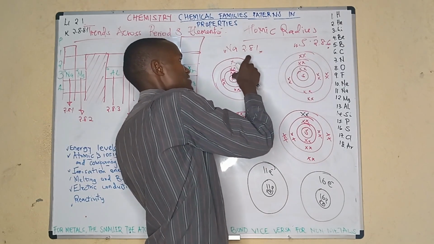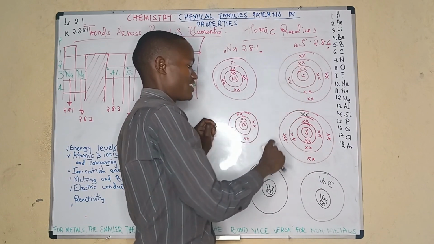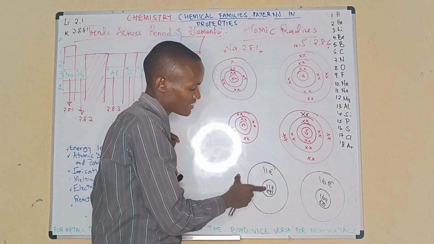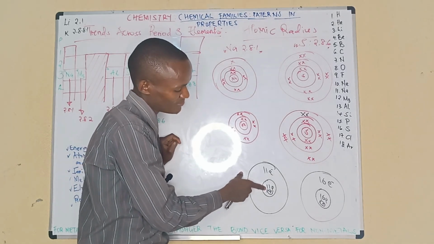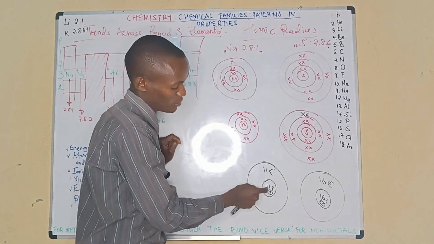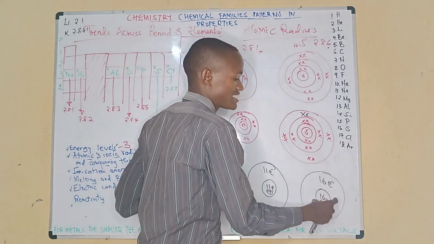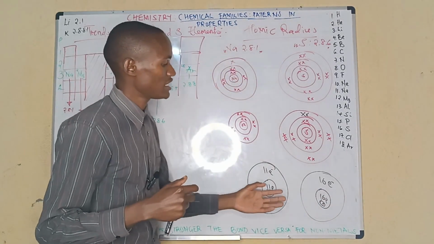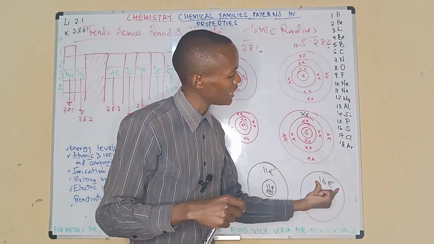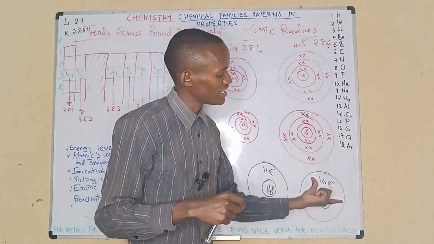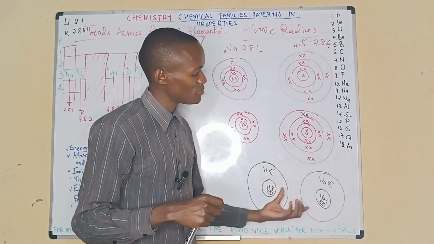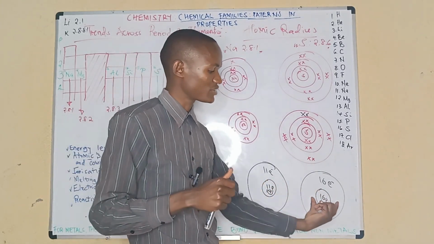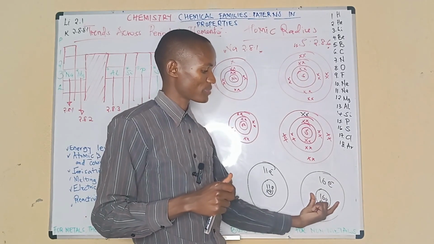But even if they have the same energy levels, sodium over here has only 11 protons, but its partner here, sulfur, has 16. It has more, pulling electrons at the same distance, in the same energy level, just like sodium. And therefore this attraction is more.